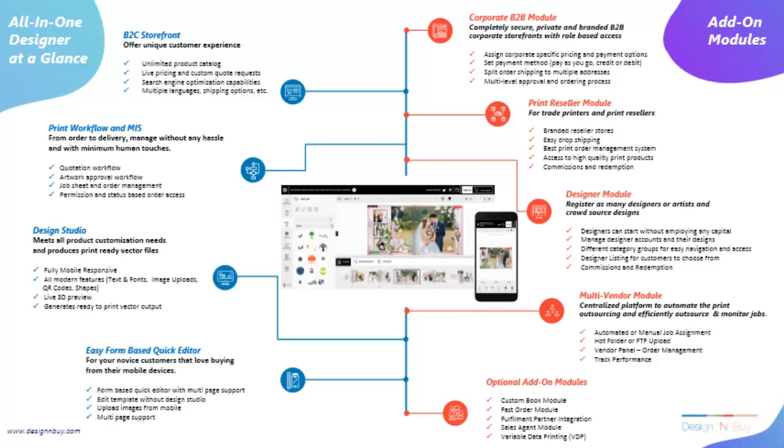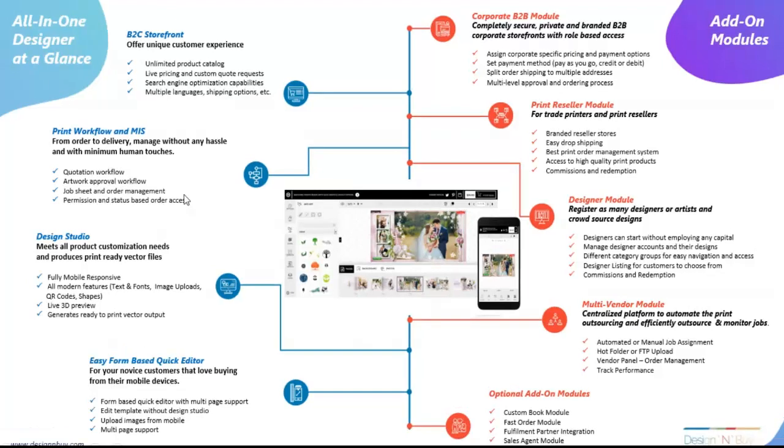As per the business model, some printers might be only in the B2C business model, while some might operate in both B2C and B2B, and there might be a trade printer who maintains various print resellers in the market, right? So this becomes a good fit for them, where they automate all of their sales channels through a Web2Print application and maintain all of these sales channels as per their processes and the structure of pricing and products, right?